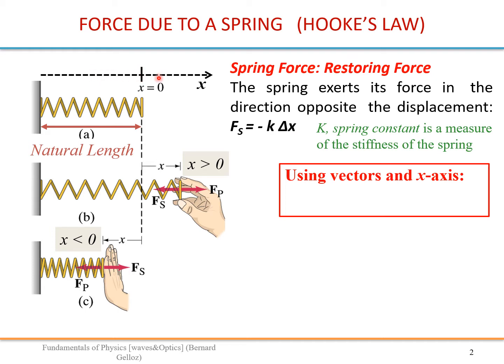If you had put your x equals 0 at another position, you could not just use minus kx. Okay. Alright, so k of course is the spring constant. It's a measure of the stiffness of the spring, and in fact it is a property of that spring.